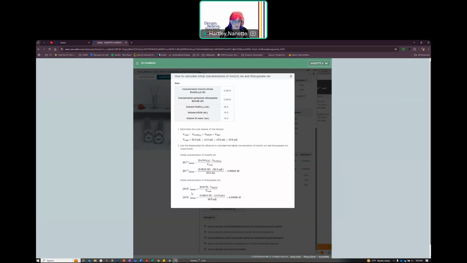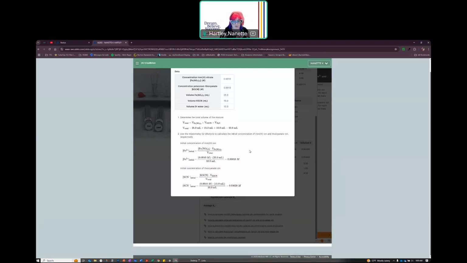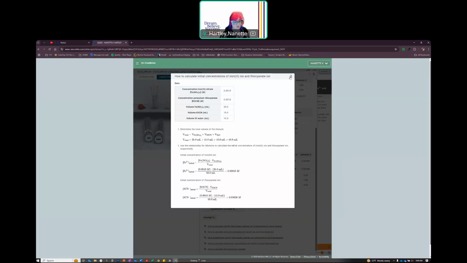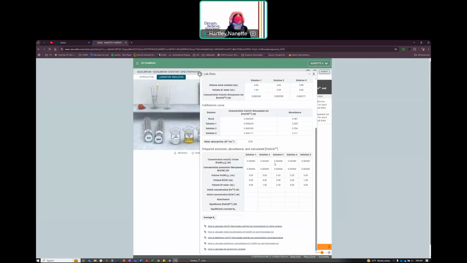Same thing is going to be true for the SCN minus, so it's going to happen for both. We have to look at our own data rather than the sample data that they've given us. I've already put this in my lab notebook, so I'm not going to worry about it right now. I need to look at the data that I have right here.